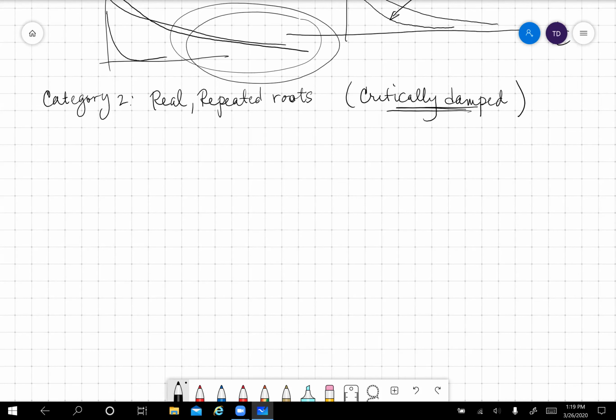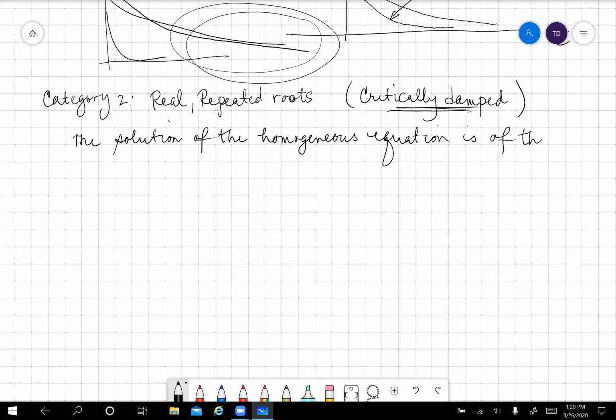In the critically damped case, what we have is the following. The solution will be of the form. Remember, in this case, real repeated roots, S1 equals S2.